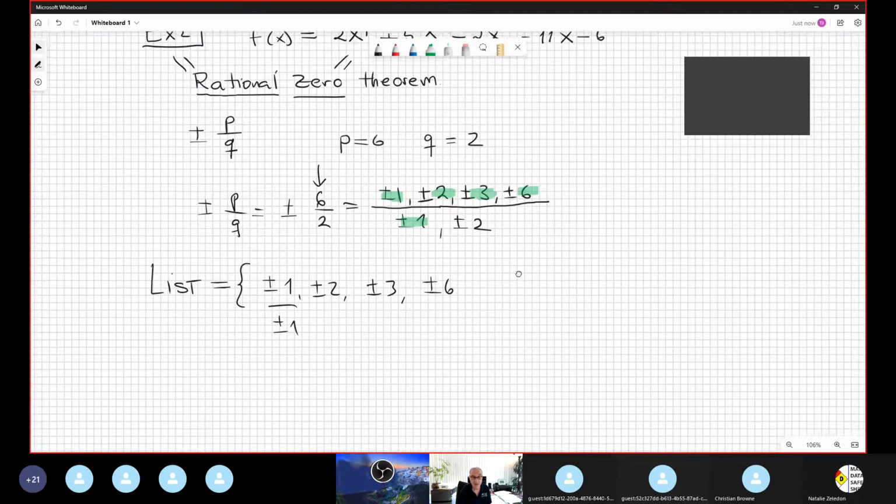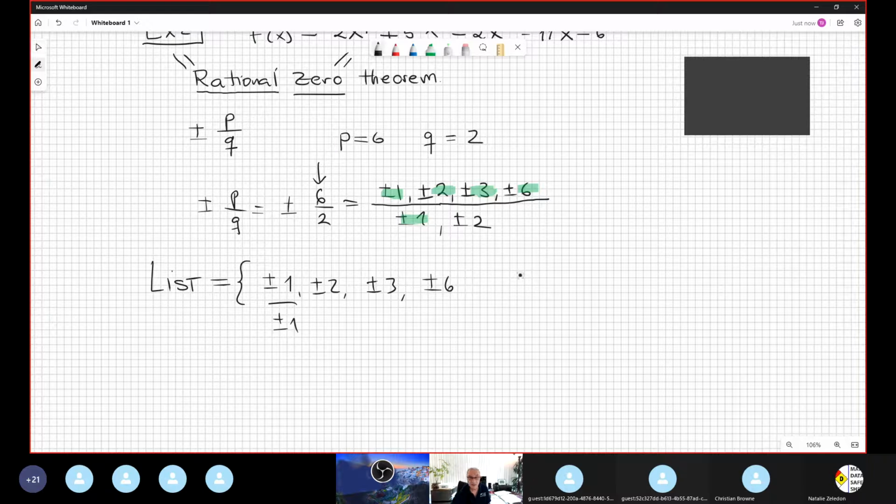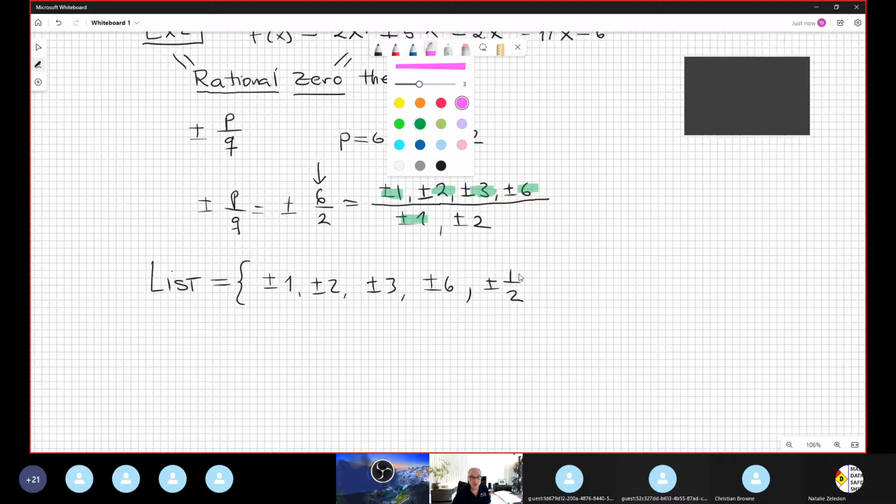Okay, the thing I try to explain is that the list is formed by the numbers on top divided by 1 and the numbers on top divided by 2. In that case, look, comma, plus or minus 1/2. Where does 1/2 come from? 1/2 comes from dividing 1 by 2.